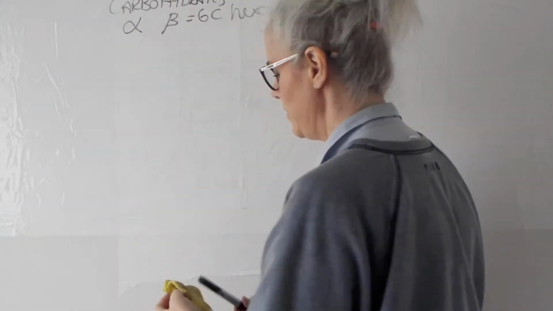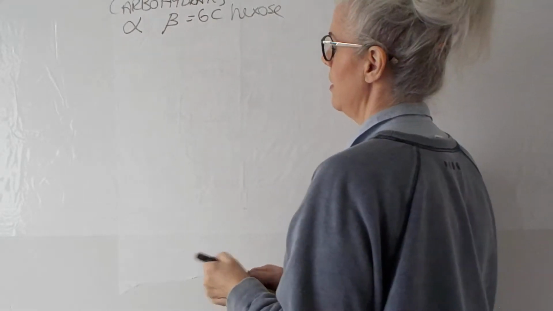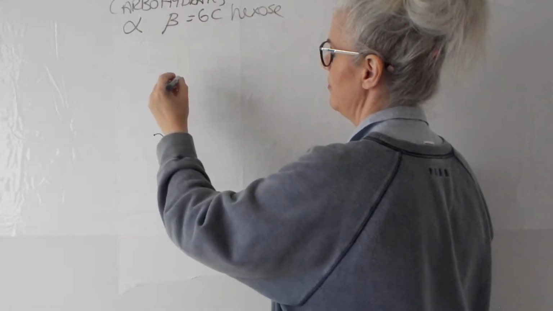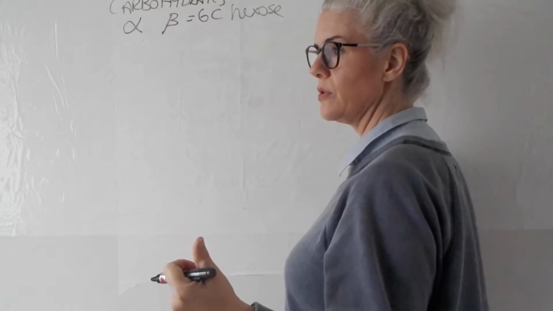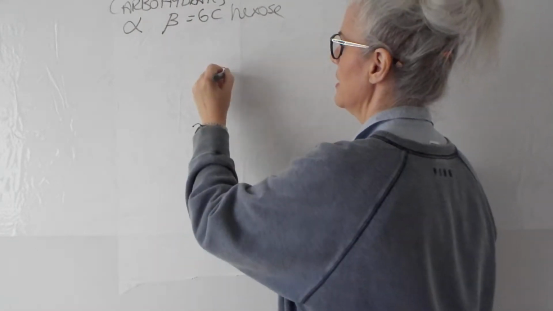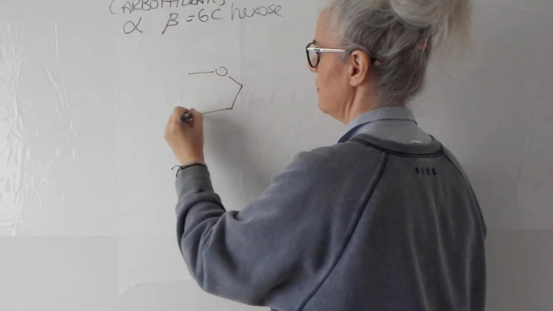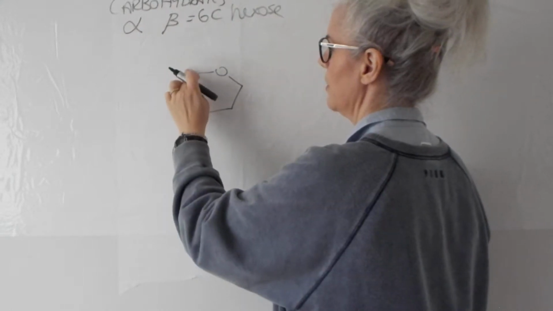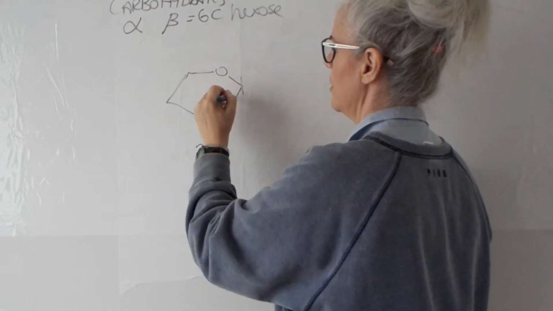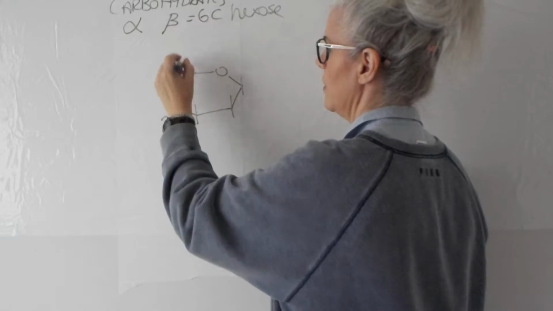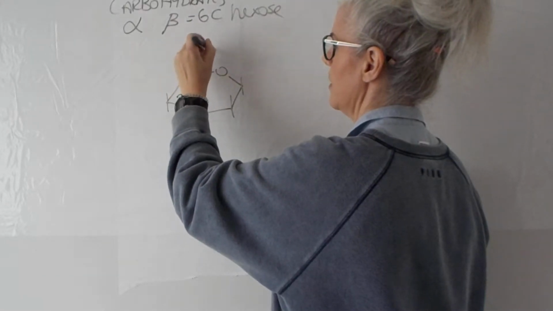The other ones you need to know are, so you need to know alpha glucose, beta glucose. Galactose is very similar to glucose. You have that CH2OH up there.